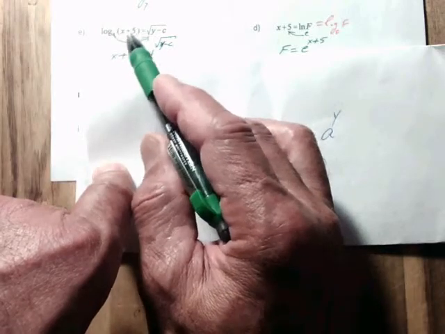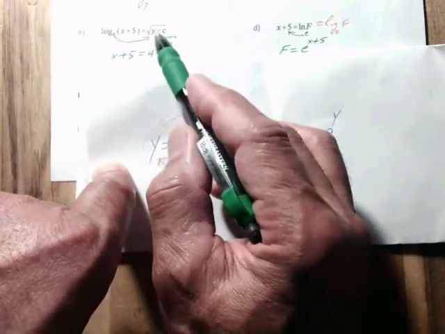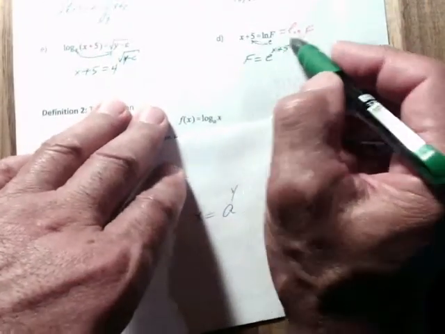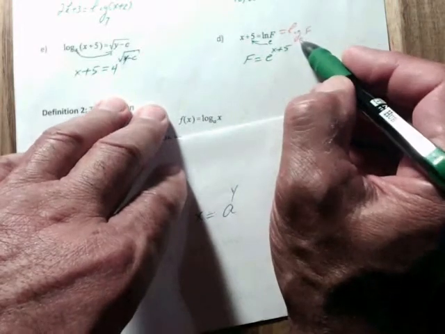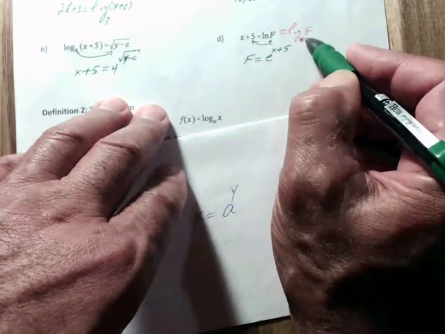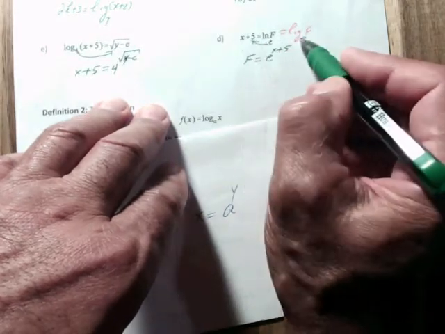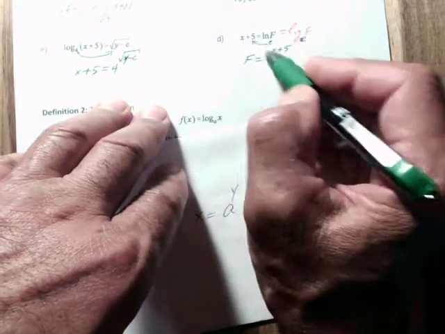The argument is equal to this base to this power. Finally, because you have natural logs, this means you have log base e. This is base e there. So it's going to be e to the power x plus 5 is equal to this.